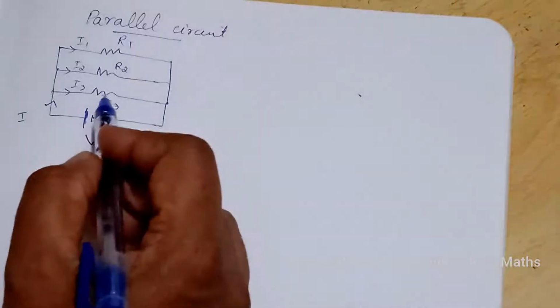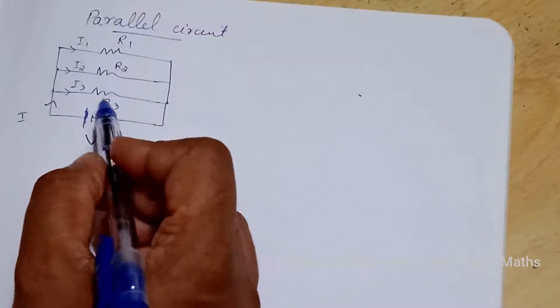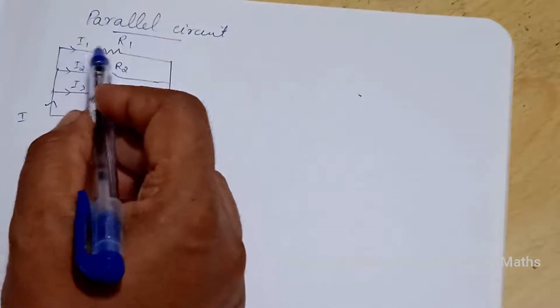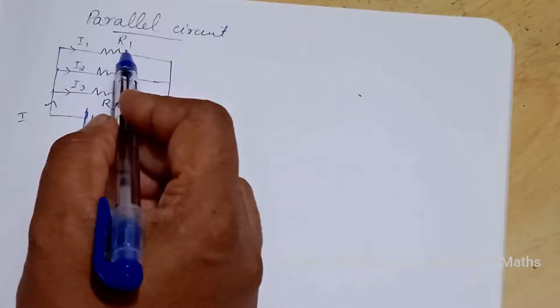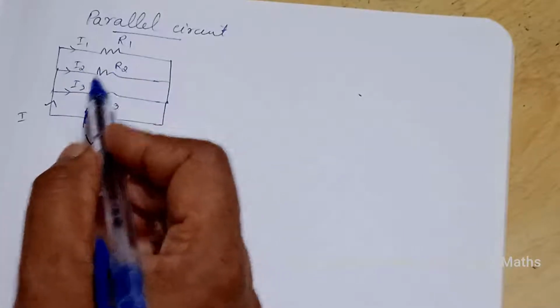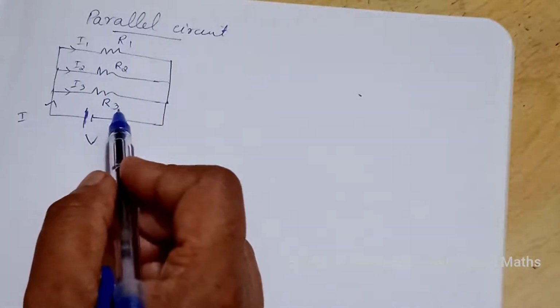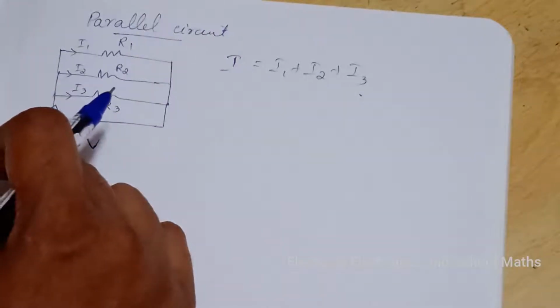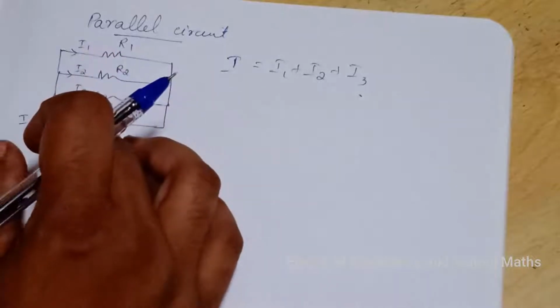Since the voltage across each of the resistances is the same, by Ohm's law, we can write I1 is equal to V by R1, I2 is equal to V by R2, and I3 is equal to V by R3. And the total current I is equal to the sum of the individual currents.